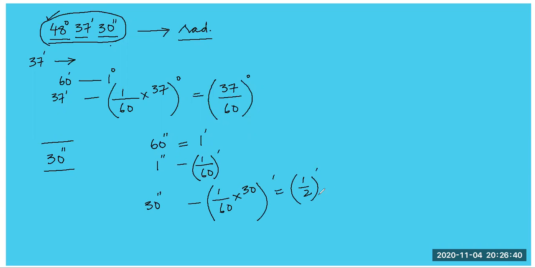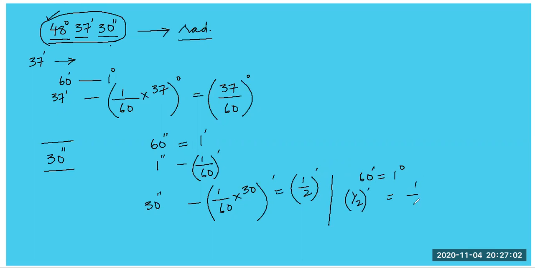Now I want to convert 1 by 2 minutes into degree. How? Tell me, students. So I know 60 minutes is equal to 1 degree. So from here I will convert 1 by 2 minutes.